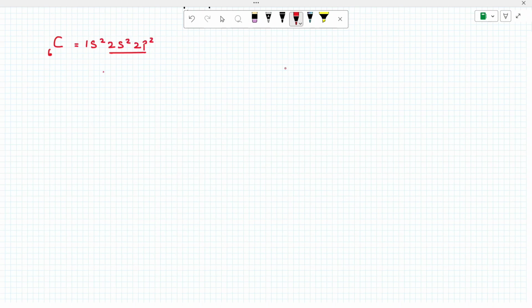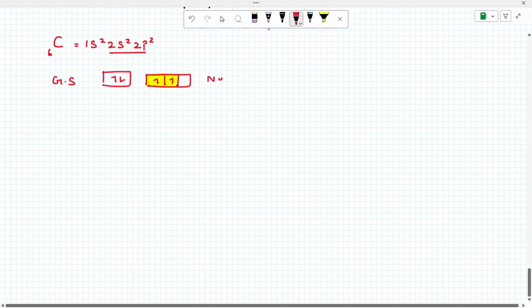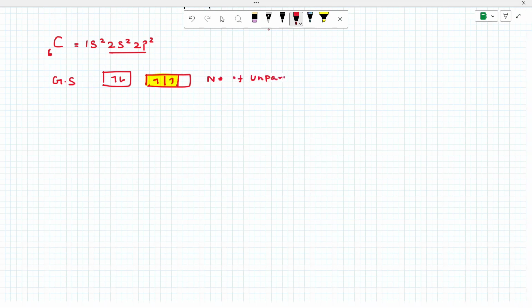The outermost is 2s2 2p2, this is the ground state. Sir, in the ground state how many unpaired? 2 unpaired. Therefore the number of unpaired electrons in the ground state is 2.